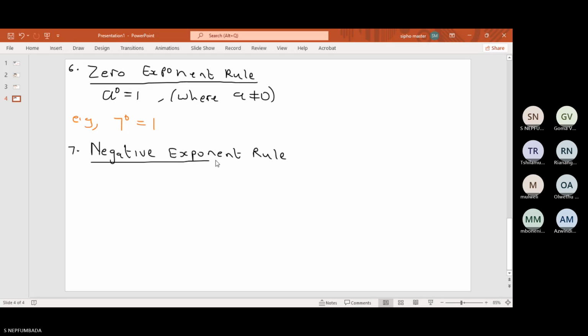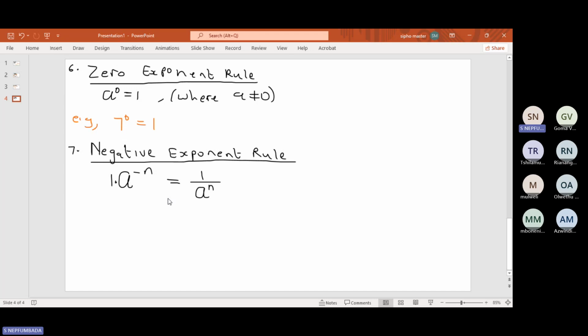If we have a to the power of minus n, this is the same as 1 over a to the power of n. Our 1 is the coefficient here. The coefficient is left alone on the numerator, and we say divided by a to the power of n.